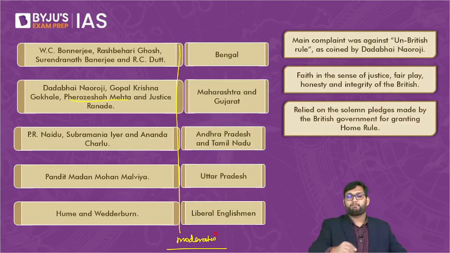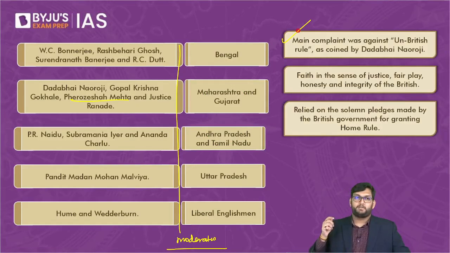The main complaint of these men was that you are doing un-British things in India, not knowing that the British are properly British. The fact is that they have faith in the sense of justice, fair play, and honesty and integrity of the British. Too much they're asking from a Britisher.